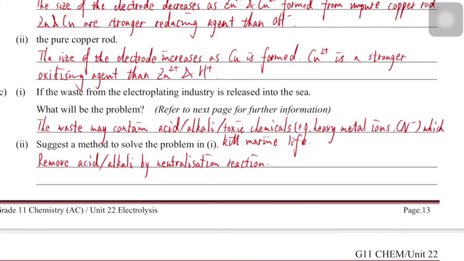And then for heavy metal ions, let's use copper ions as an example. So we can add sodium hydroxide to form copper hydroxide, which is a precipitate.